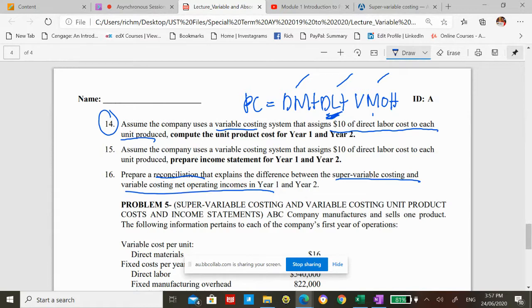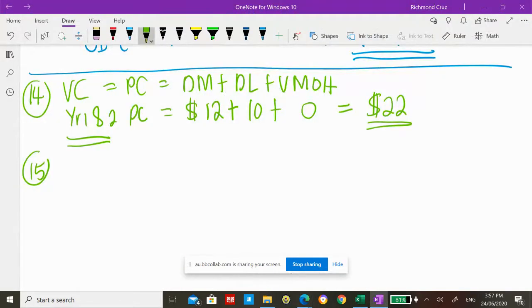Now, if that is variable costing versus absorption costing, the reconciling item is only the fixed cost in the inventory balance, beginning or ending balance, between the absorption costing and the variable costing. That is how we are going to reconcile.